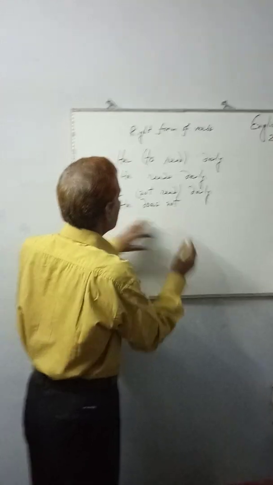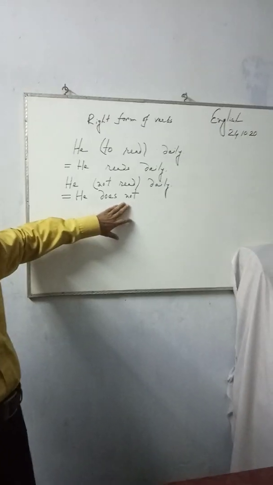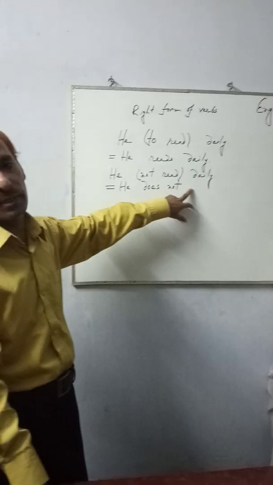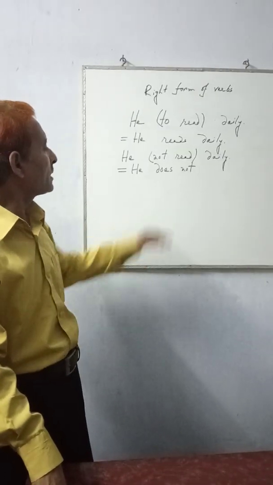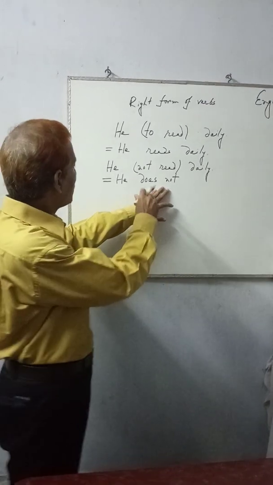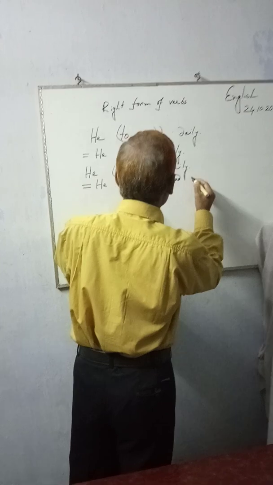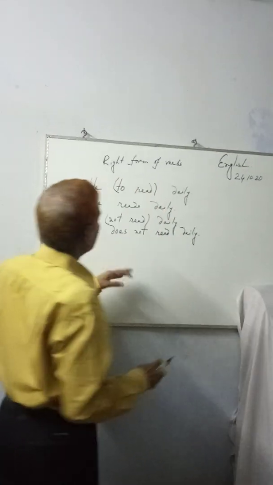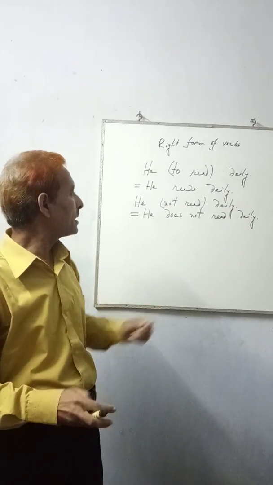Here negative auxiliary verb is does not. After do not, does not, did not, we use base form of verb, that is present form of verb. Then we can write he does not read daily. This is negative sentence.